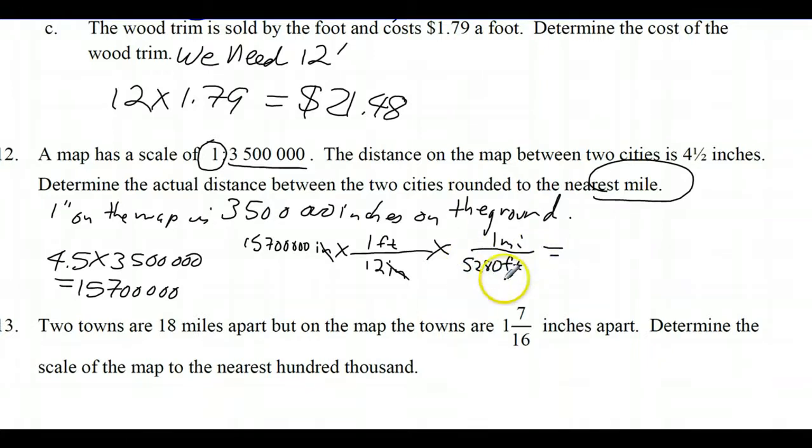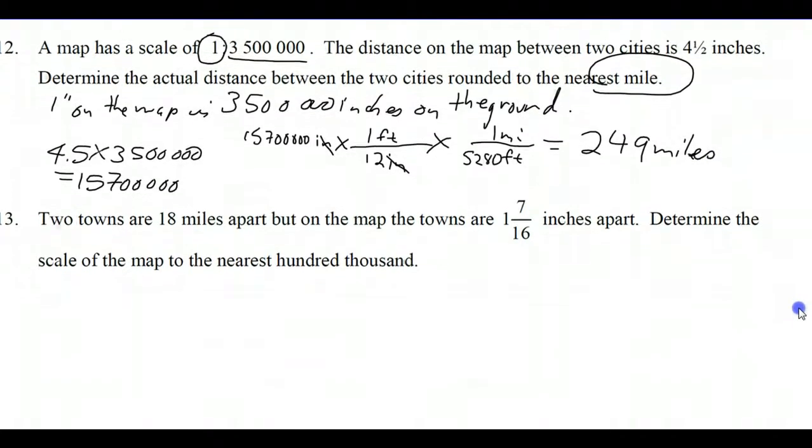I do have a conversion, right? Otherwise we may have had to go from feet to yards and then yards to miles, but we have a direct conversion, miles to feet, so we can use that. And we multiply this out, and rounding to the nearest mile we get 249 miles. So not quite as far apart as Calgary and Edmonton, but pretty close.